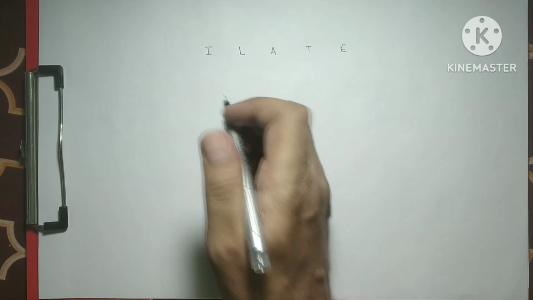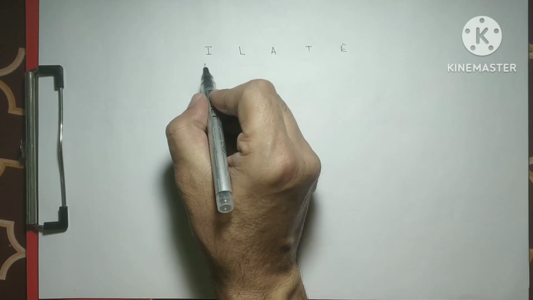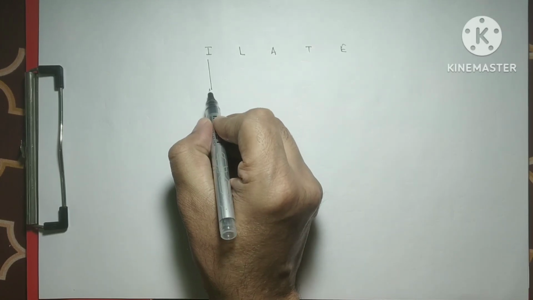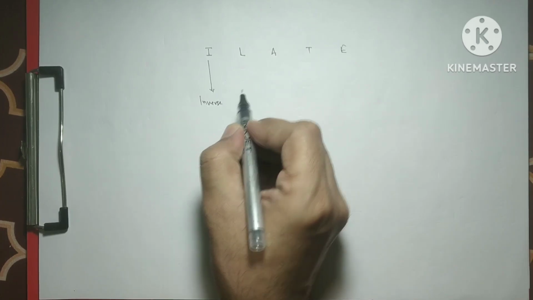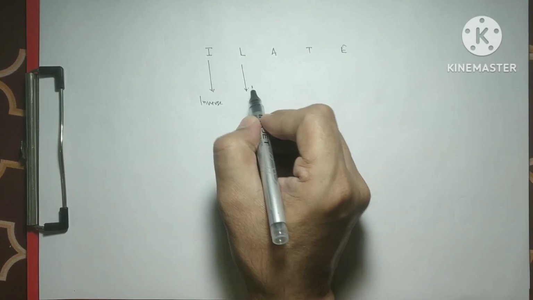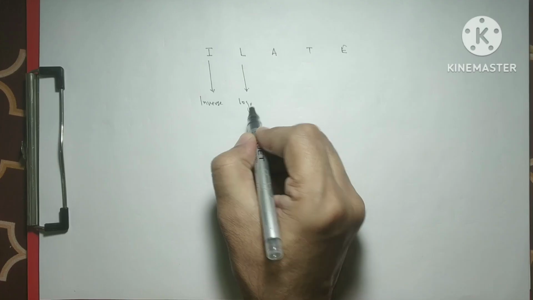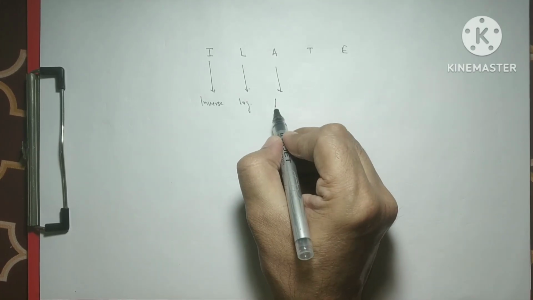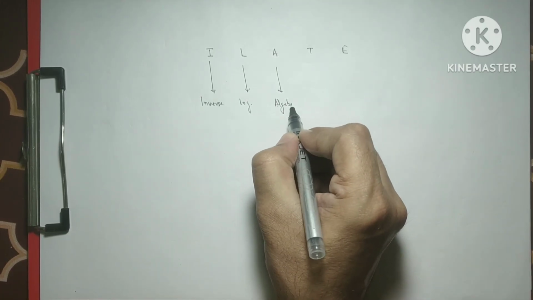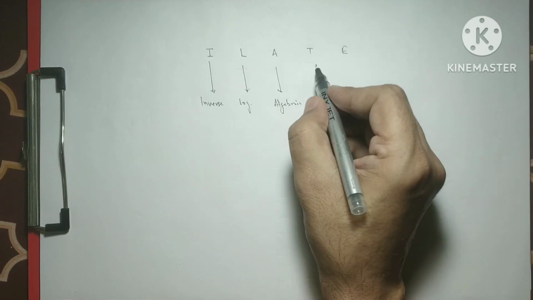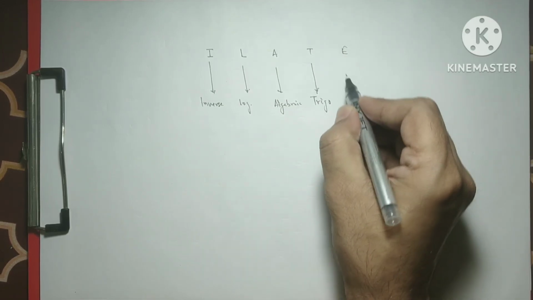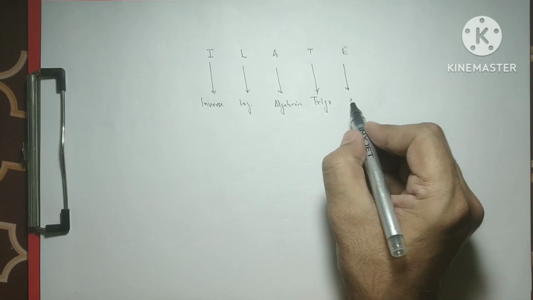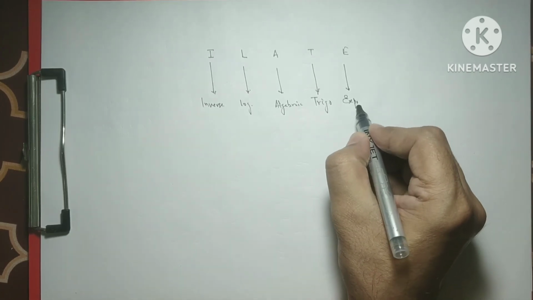I is for inverse, L is for log functions, A is for algebraic functions, T is for trigonometrical functions, and E is for exponential functions.